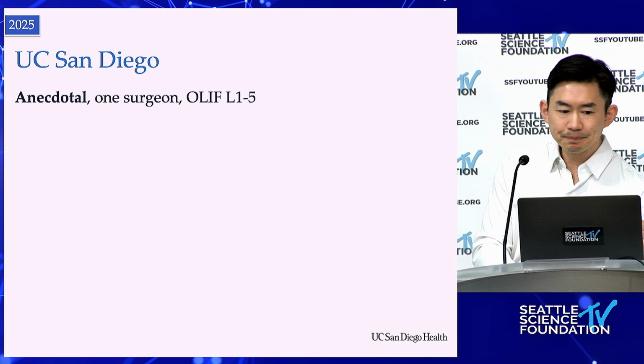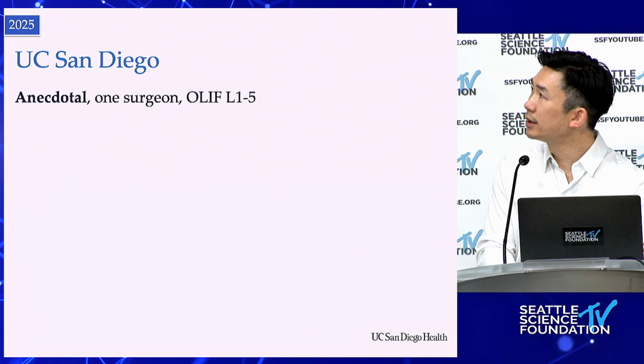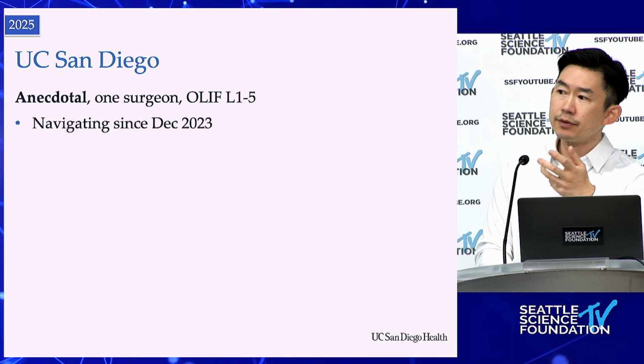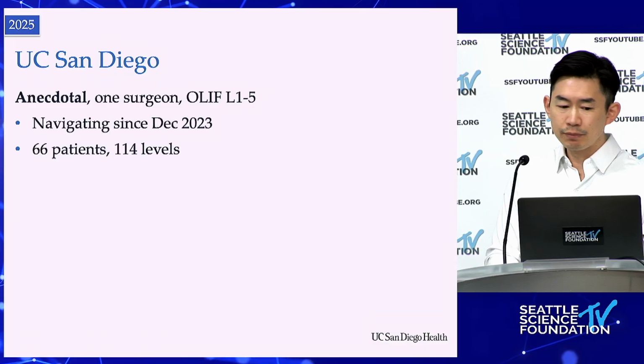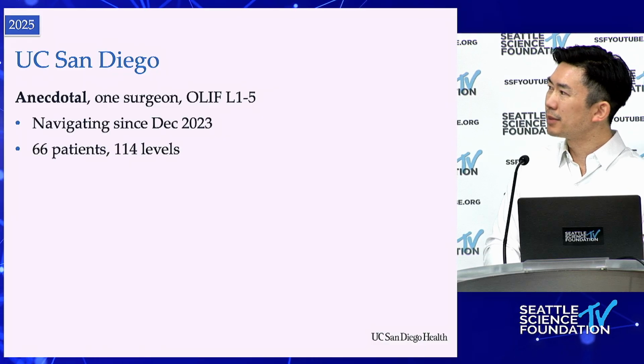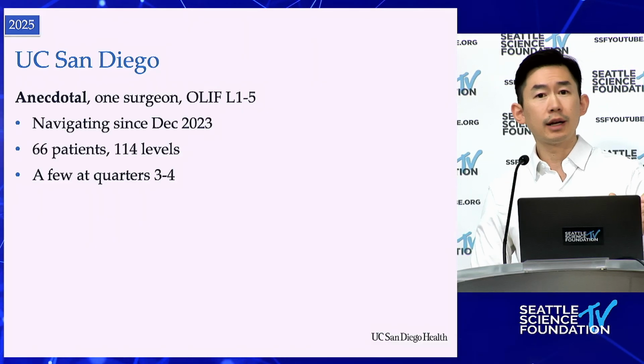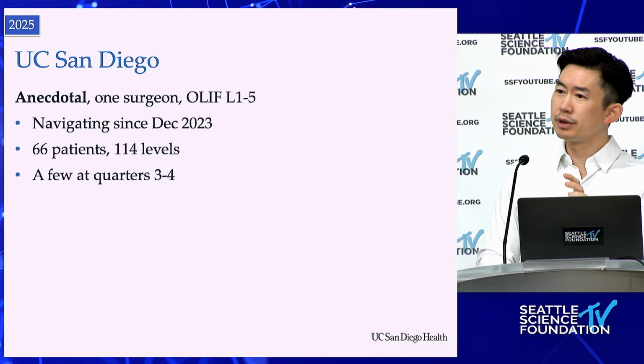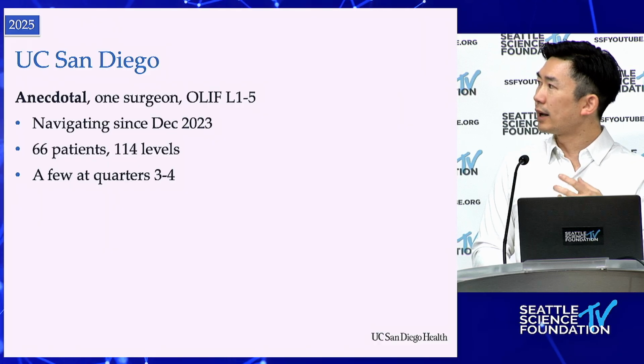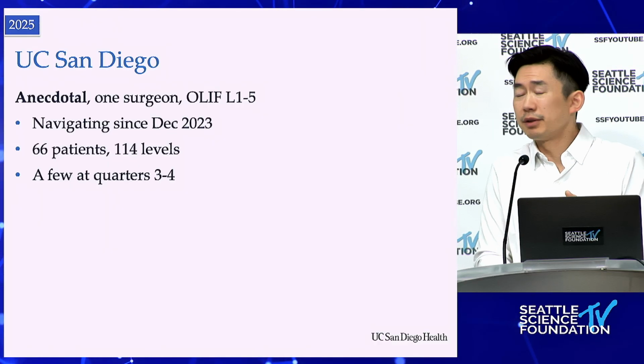And then anecdotally, in my experience, so OLIF 1 to 5, I've been navigating for about a year and a half now. And I have a med student pulling some of this, but sort of rough data, 60-odd patients, 114 levels. I did have a few, right, at the quarters 3 to 4, right? So I would shoot the fluoroscopy, and the cage was like a little posterior at 3 to 4.